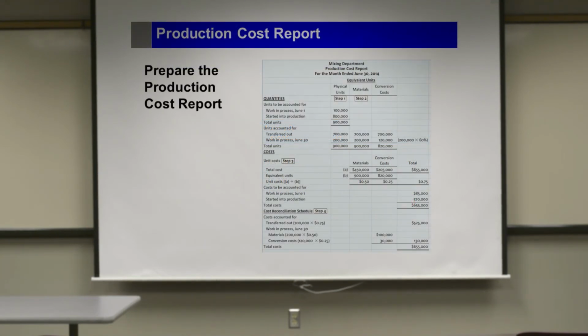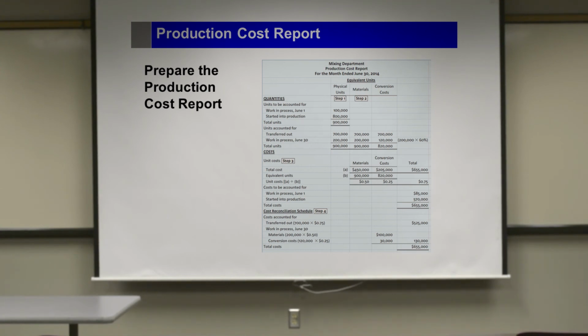Now, this slide basically puts all the 4 steps together. If you look at column number 2, where it puts step number 1, which is accounting for the physical units, 800 plus 100 gives you 900. 900 is divided into 700 and 200.